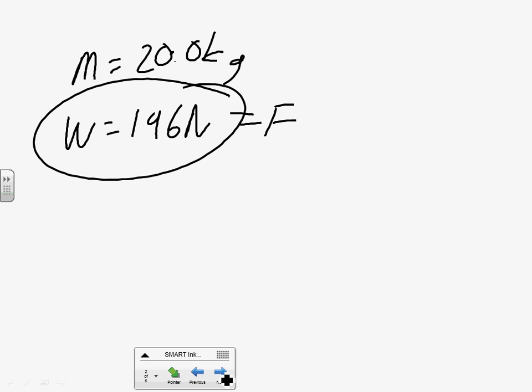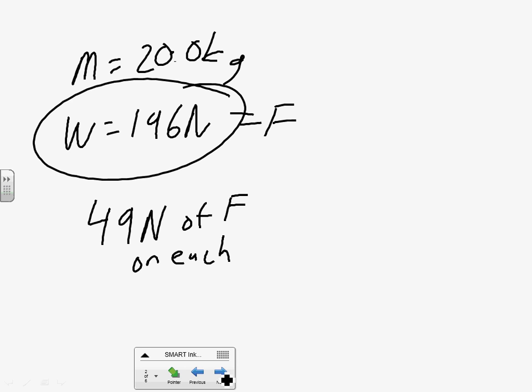The weight is the force the dog applies to the ground. We're assuming here that this is a four-legged dog, so that weight is going to get divided evenly among its four legs. If we go 196 divided by 4, that's 49 newtons of force on each leg, or each paw.